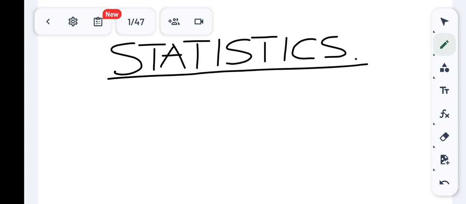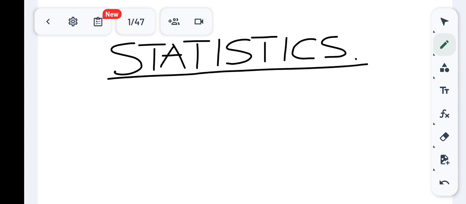What is statistics? I mean, statistics is all over in this world. So statistics help us make sense of large amounts of information. Okay, but where does this information come from?